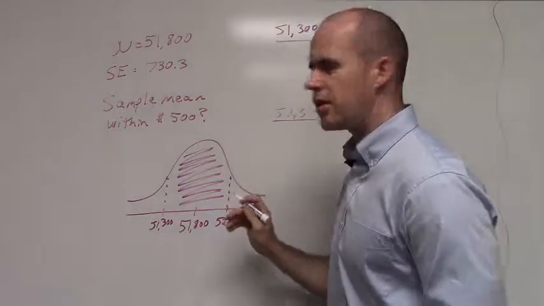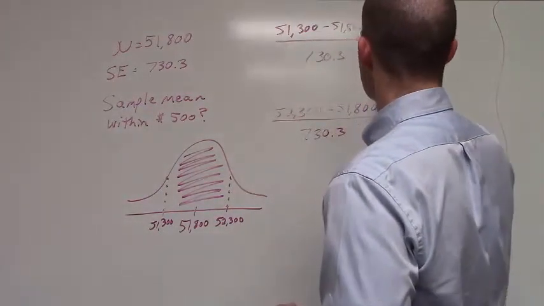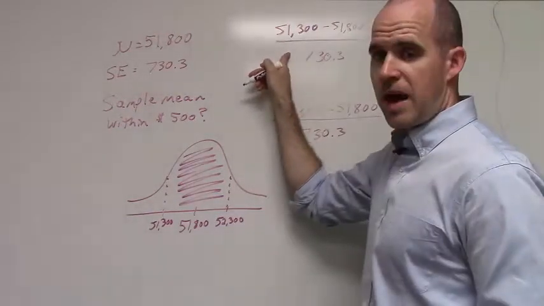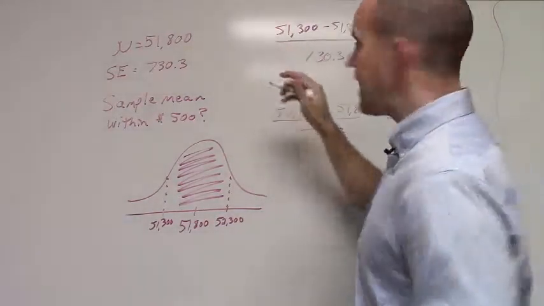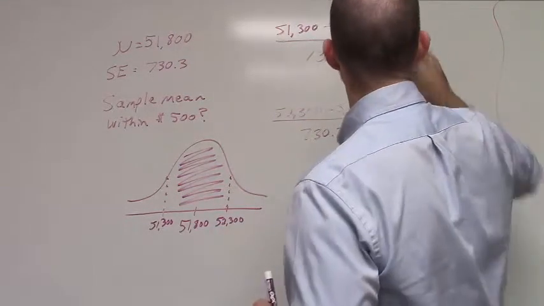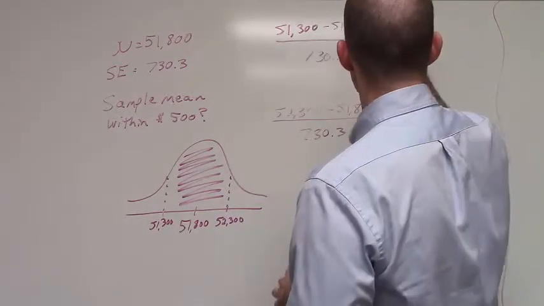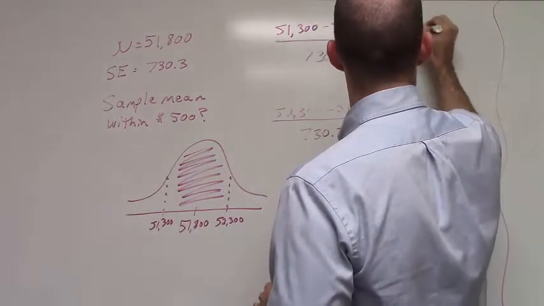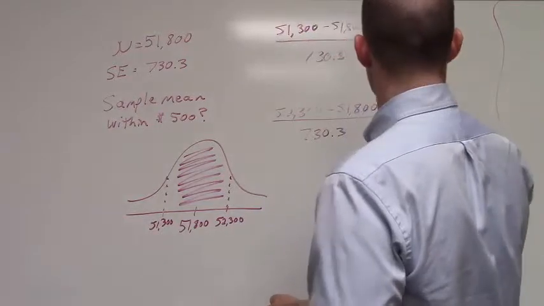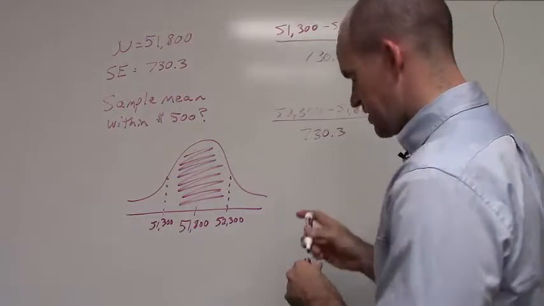Hopefully that's showing up well. And we're dividing that by our standard error as well. So if you do the math for this, you're going to get a negative 0.68, and then this would be a positive 0.68.